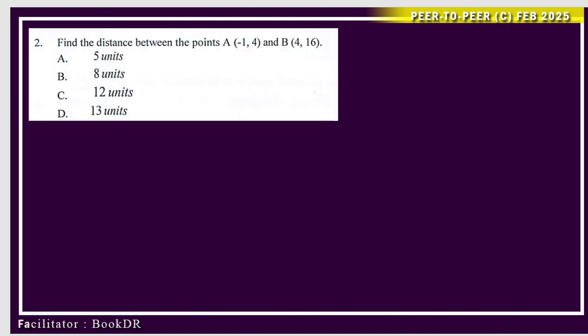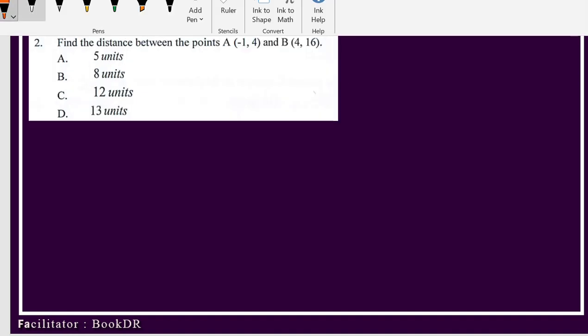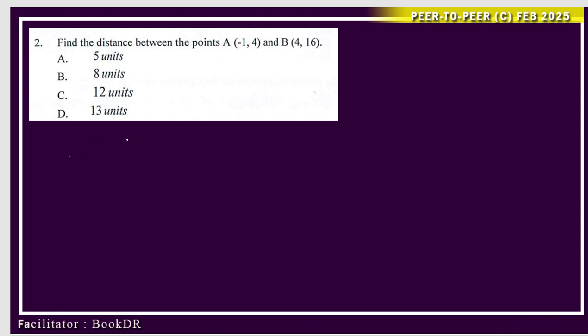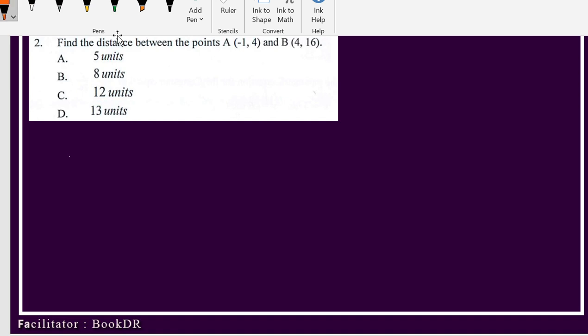Then we'll go to the second question. We have to find the distance between the points A, negative 1, 4, and then B, 4, 16. We shall apply the distance formula.